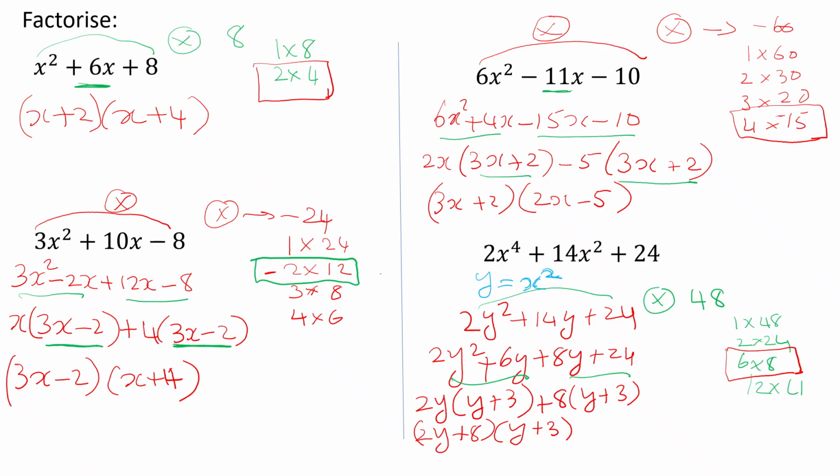Again, you can factorize 2y plus 8 as 2 times (y + 4), then (y + 3). Now I'm going to substitute again y equals x squared. So I'm going to write 2 times (x squared + 4) and (x squared + 3).